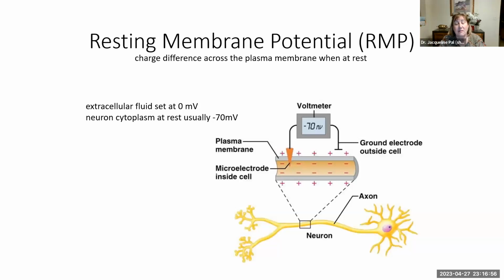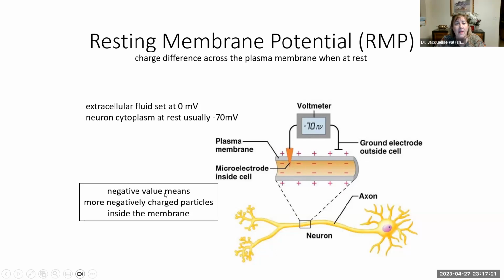And that's what we see in the cytoplasm of our neurons. And that's why when you are looking at pictures that show nerve impulses or action potentials traveling down, they always talk about how the inside of the plasma membrane is negative compared to the outside of the plasma membrane. And it is, it's a minus 70 millivolts in charge difference.